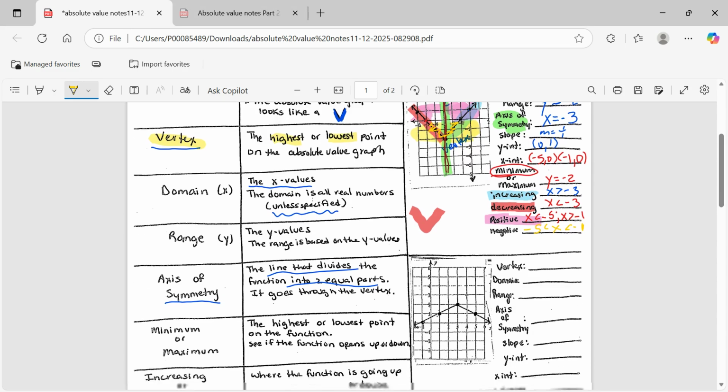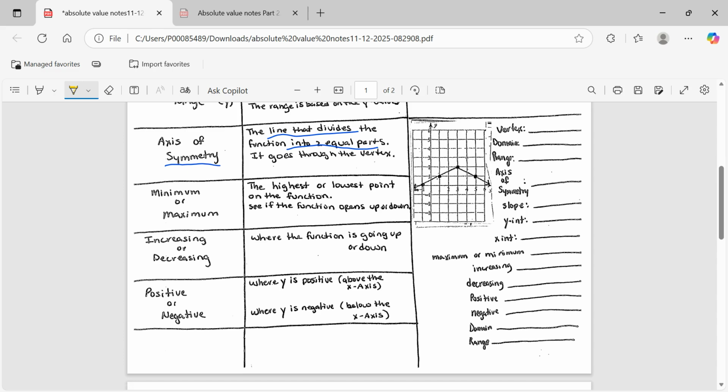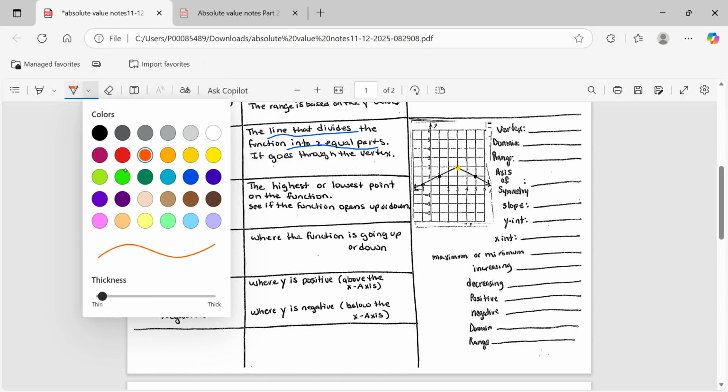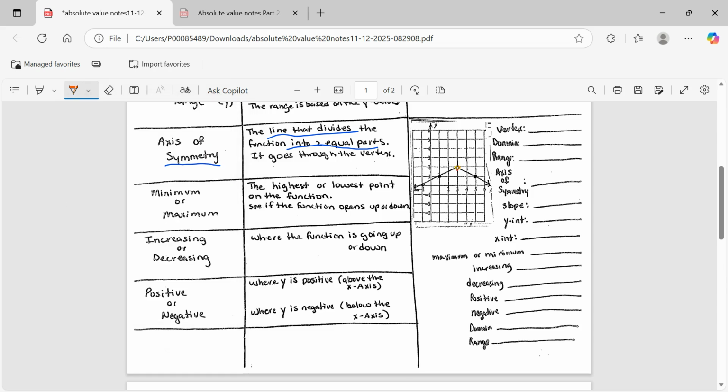All right, now that you are back, we should have that the vertex is located right there at x equals 3 and y equals 2. So your vertex is at 3, 2. The domain of this is all real numbers unless specified.